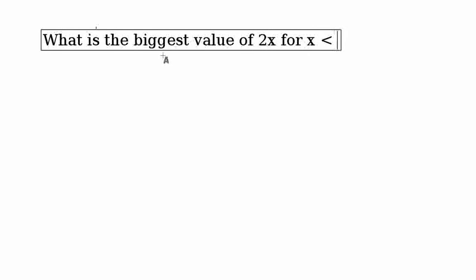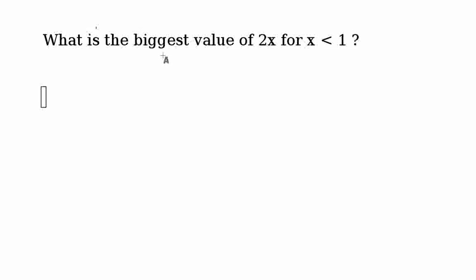Let me motivate the extreme value theorem by showing you that not every situation has a biggest and smallest value. Let me show you a question you will not be able to answer. What is the biggest value of 2x for x less than 1?